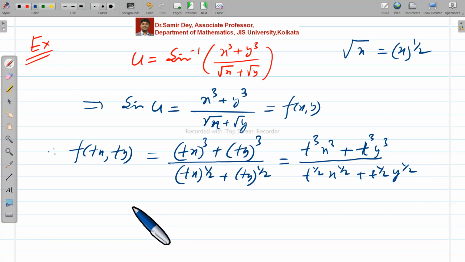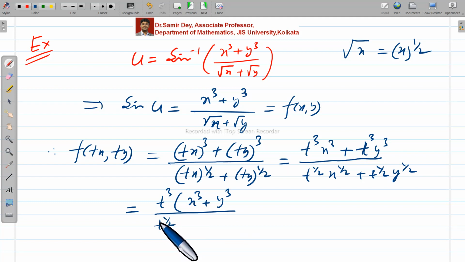Now you take common t cube, so x cube plus y cube, and from the denominator t to the power 1 by 2 and x to the power half plus y to the power half. Correct?